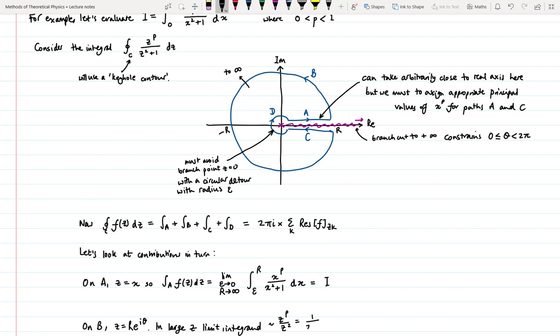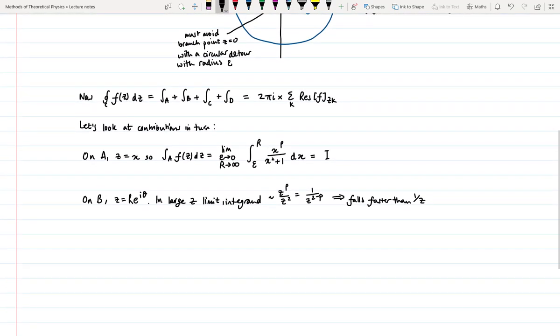And that's 1 over z to the 2 minus p. But you'll also see at the very top of the page that we've constrained p to lie between 0 and 1. And that means that the integrand does indeed fall faster than 1 over z, which was a condition in the previous topic for the contribution along a circular arc to vanish. Therefore, I can say that as r tends to infinity, the contribution along B vanishes.